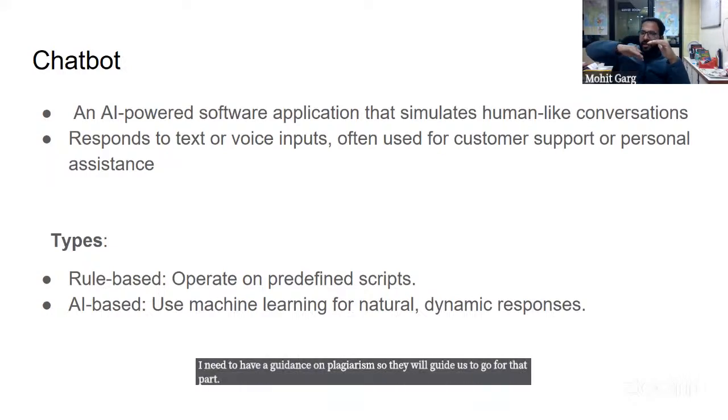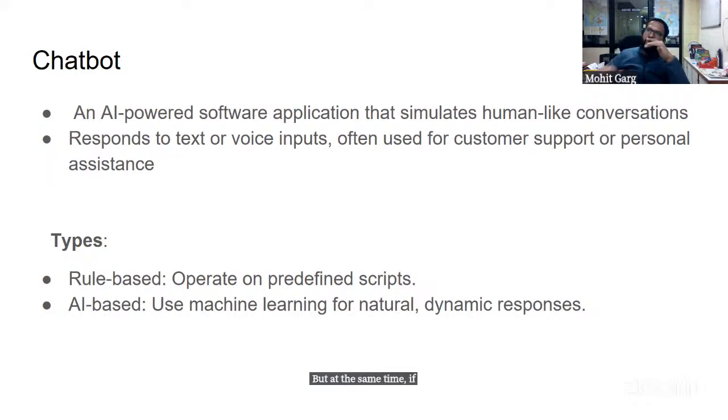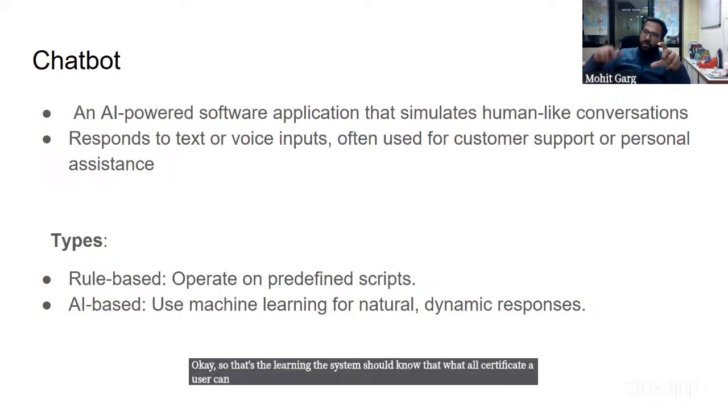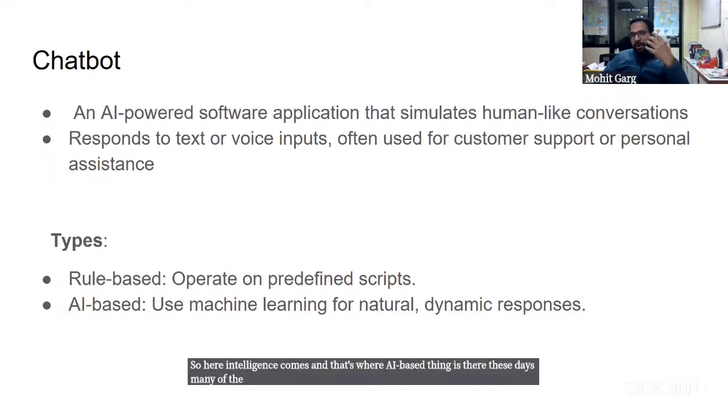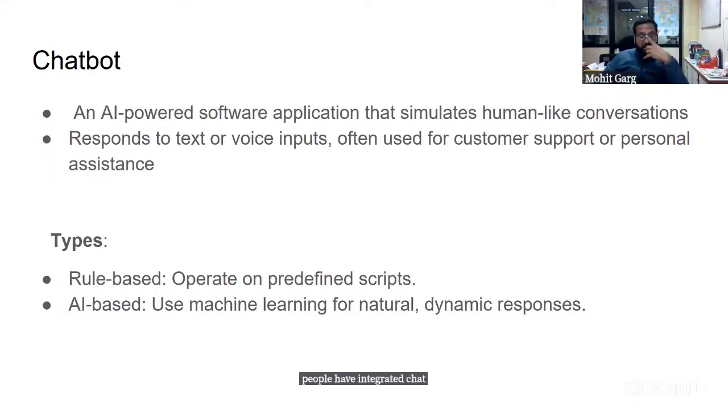But if I ask for a certificate for submission of my thesis, the system should know what certificates a user can require for submission of the thesis. So here intelligence comes, and that is where the AI-based approach comes in. These days, many people have integrated chatbots which are just rule-based. Rule-based means for a query like plagiarism certificate, it says go for this, submit at that link.